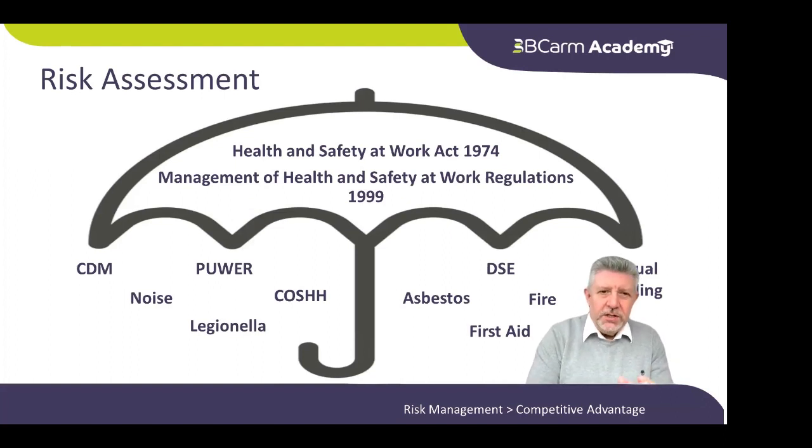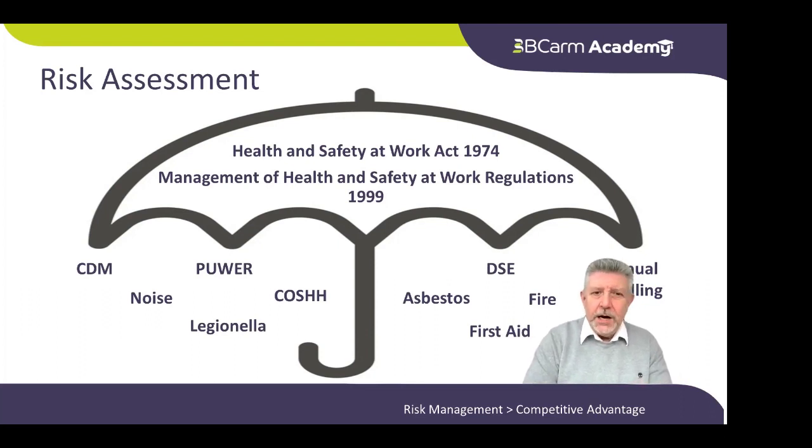Before I start, I just want to give you my version of how I interpret health and safety legislation within the United Kingdom. In the illustration on the screen, I tend to look at the Health and Safety at Work Act 1974 and the Management of Health and Safety at Work Regulations 1999. I try to visualize those as the framework of an umbrella.